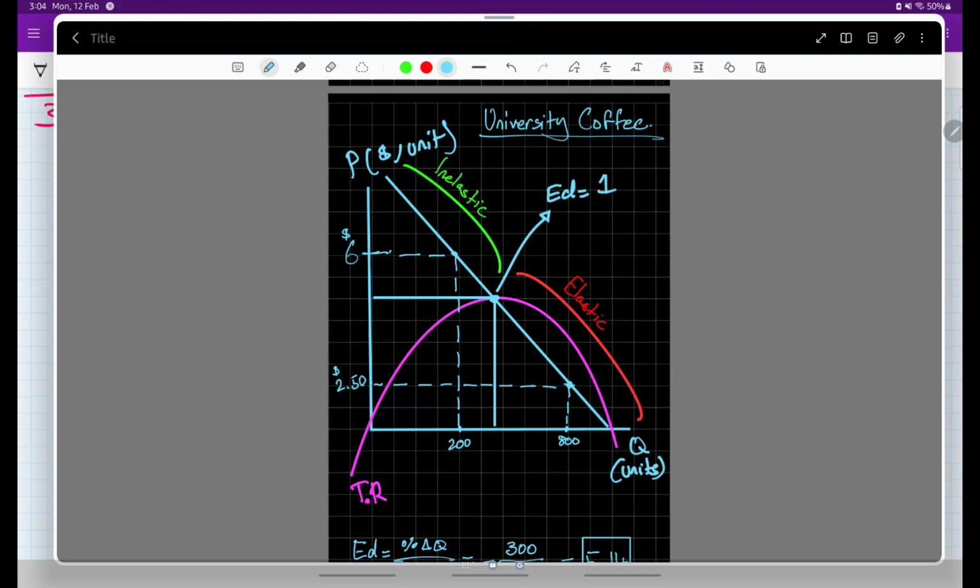Uni students, almost everything is elastic for a university student, given that they're not just getting an unsurmountable income, but, what's the word? I haven't had it in a long time. Allowance. That's the one. Given their parents just aren't giving them a bunch of money.